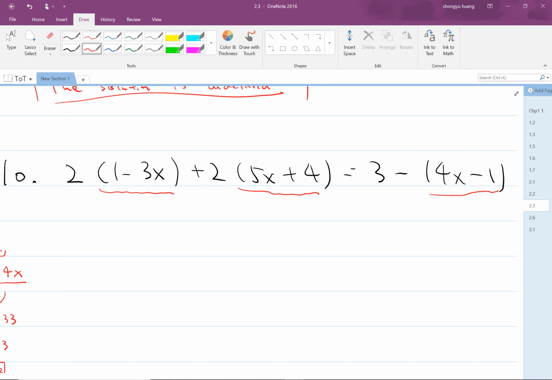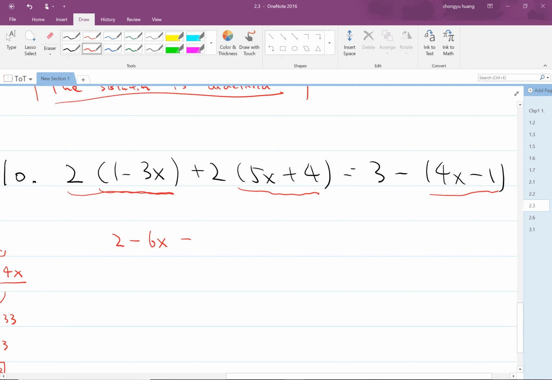Starting from the left hand side, we have 2 multiplied by 1 is equal to 2, and then minus 2 multiplied by 3x is 6x, right?